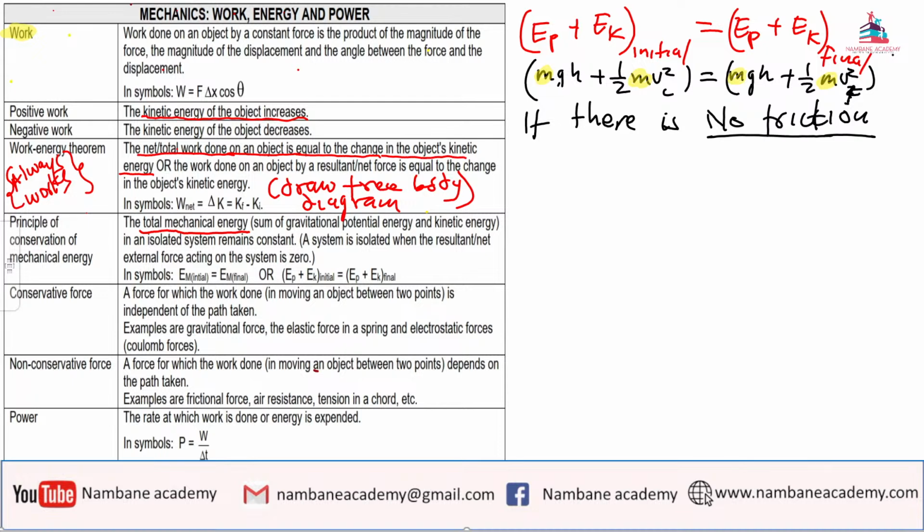We must also look for alternative words such as frictionless, such as ignore friction, ignore air resistance. So once the examiner tells me that there is no friction, that is a hint for me that the principle of conservation of mechanical energy is applicable. Remember, what did I say?